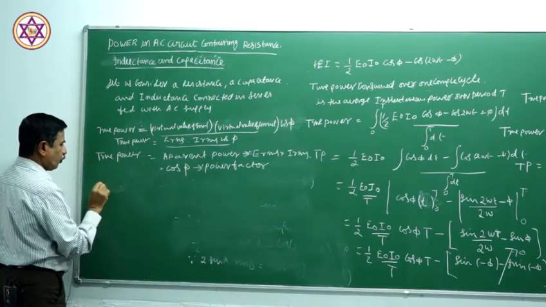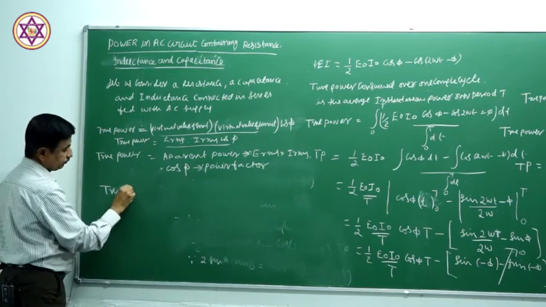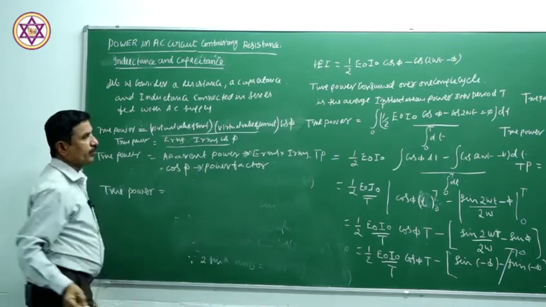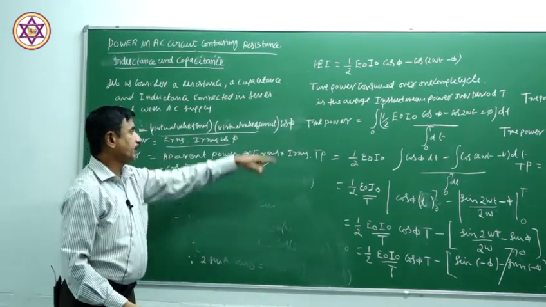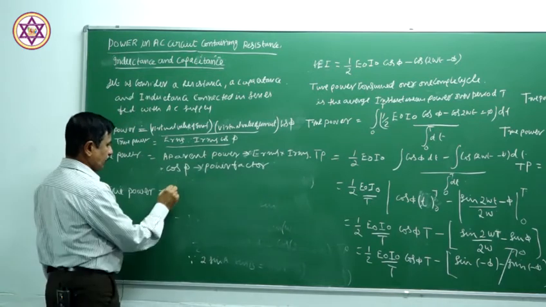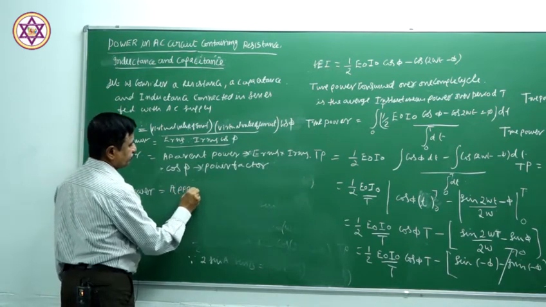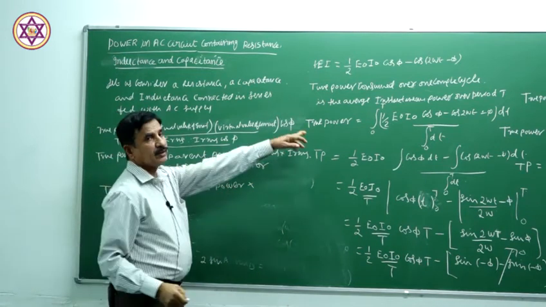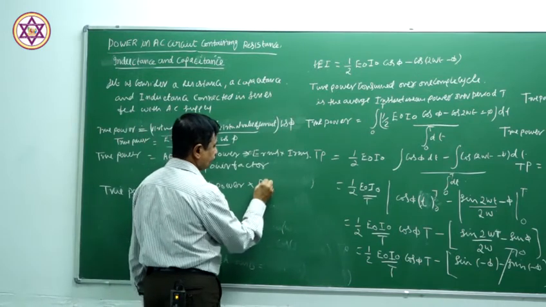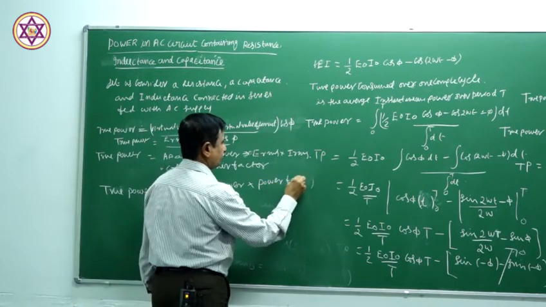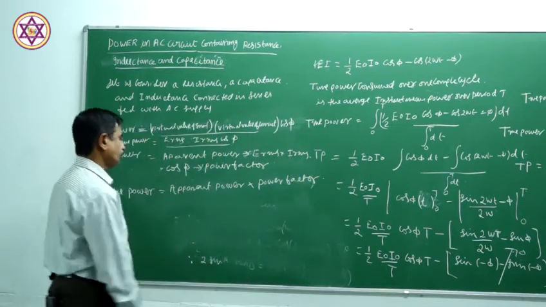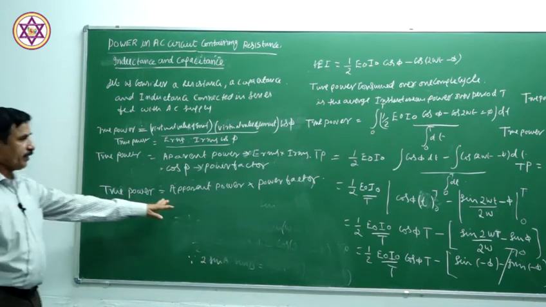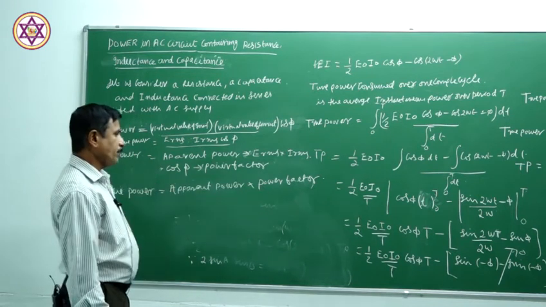So since the virtual value of EMF and virtual value of current give the apparent power, and cos phi represents the power factor, we get true power is the product of apparent power into power factor.